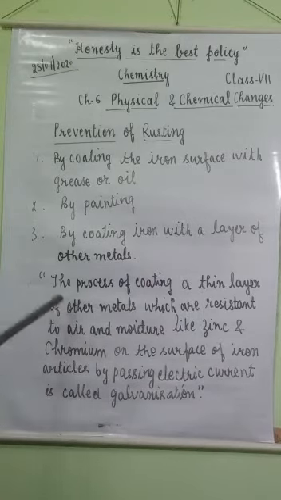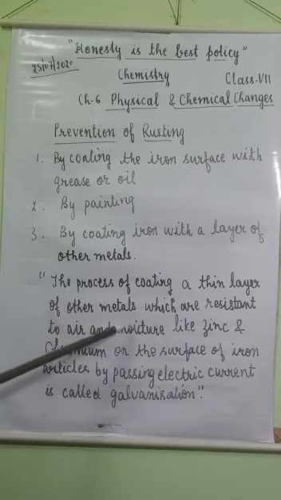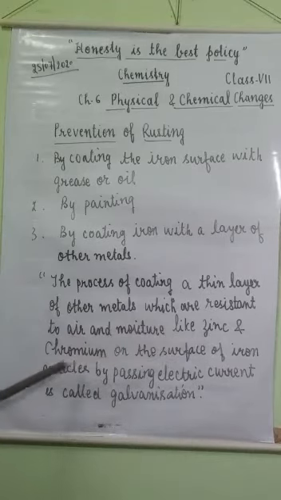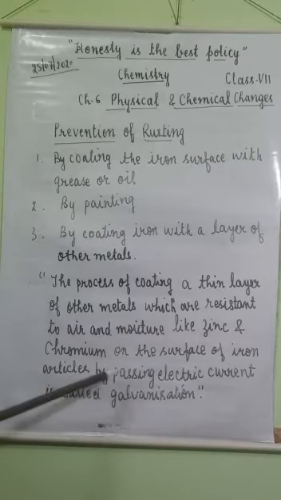So galvanization is the process of coating a thin layer of other metal, such as zinc and chromium, that are resistant to air and moisture, and this process is done by passing electric current.